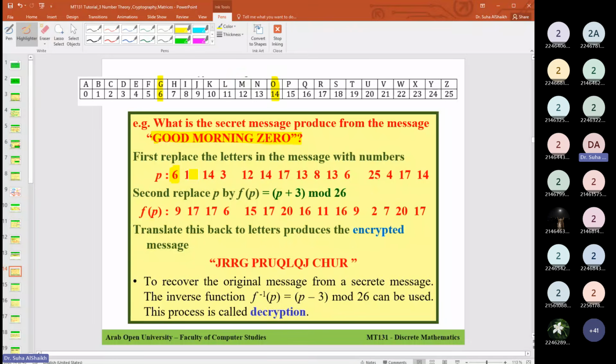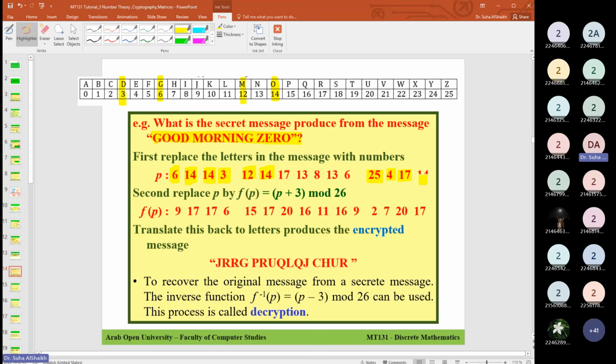The O is 14. The O again is 14. The D is number 3. The M is 12. The O is 14, and so on. The Z in the Zero is a 25, the E is a 4, the R is a 17, the O again is a 14. So we change each letter that we have into a number using this table.